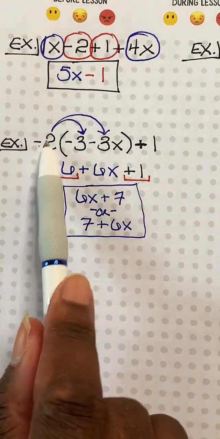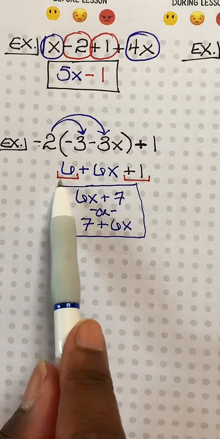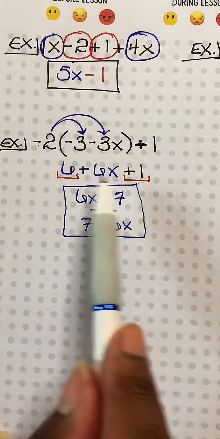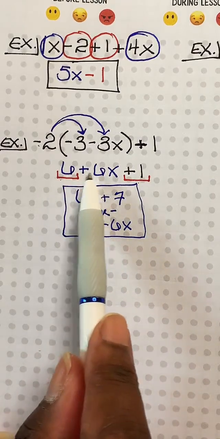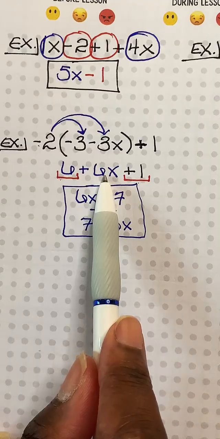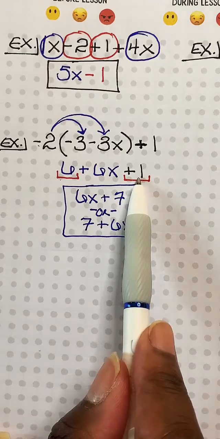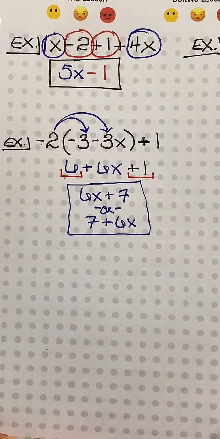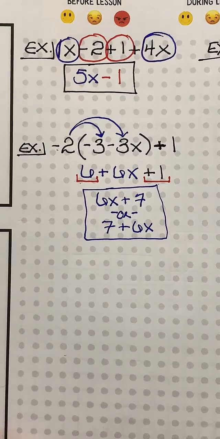Multiplying comes first, so that's your distribution. Okay? Then you take a look. All right, I got my adding or subtracting. I can't add the 6 with the 6x because they're not like terms. So that's why I have to do the 6 plus 1. So you are doing PEMDAS. You are doing PEMDAS throughout this. Okay.